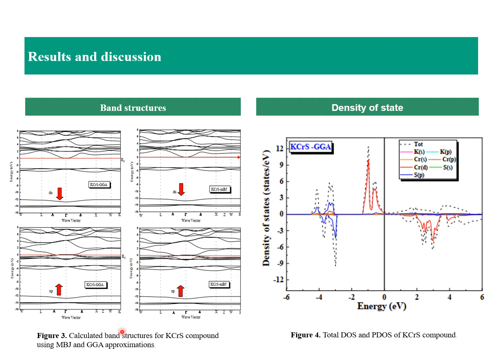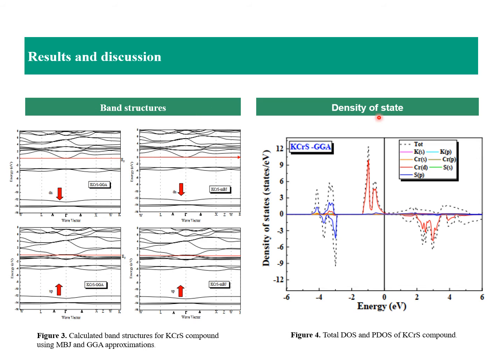On the other hand, in the spin down direction, we find that both bands are separated from each other by a direct band gap Gamma-Gamma with a value of 3.14 electron volts. This is for the first compound. So in the spin up case this compound is metallic and in the spin down case it is a semiconductor.